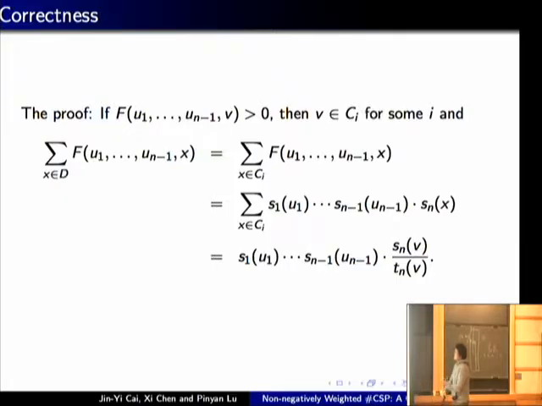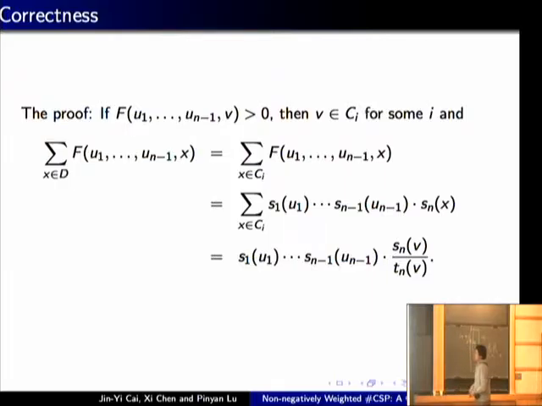And here is the proof of why this gives you the right Tn. Suppose we pick a tuple u1 to un minus 1 and v, and let's say it's positive. Now we want to look at this sum over all possible x, fixing the first n minus 1 variables.